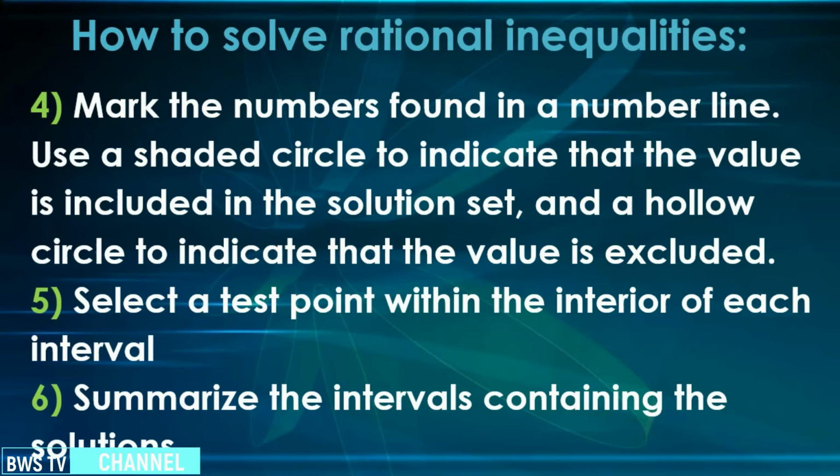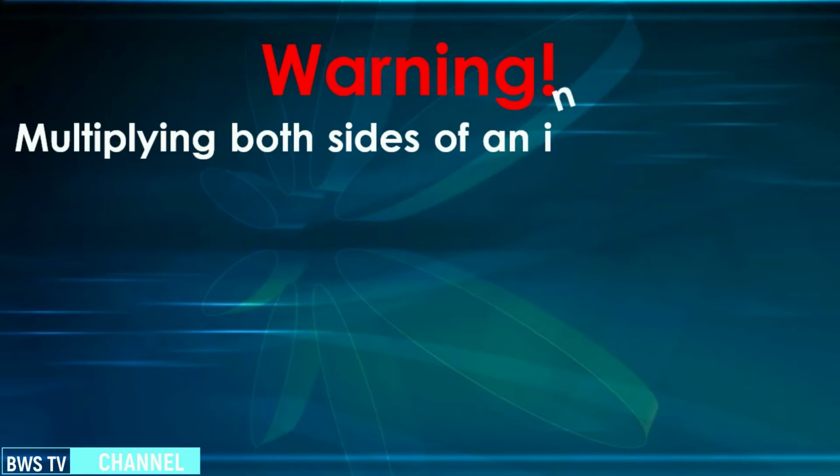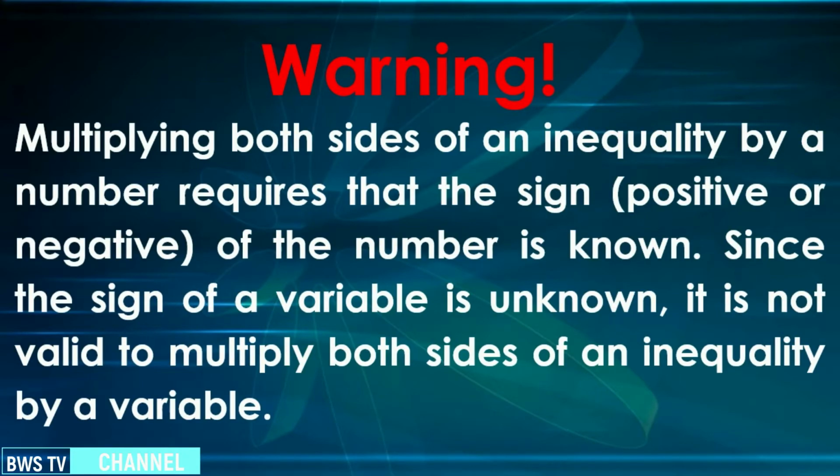So, let's go on to the real example. But before we move on, we need to take heed of a warning. What is the warning that we need to take note of? Multiplying both sides of an inequality by a number requires that the sign, positive or negative, of the number is known.